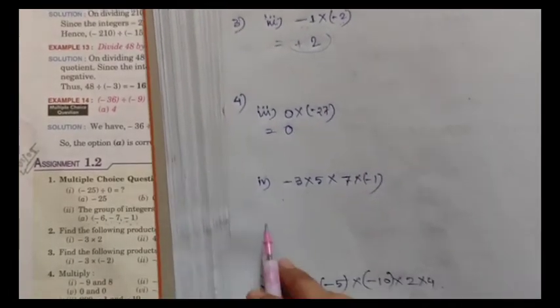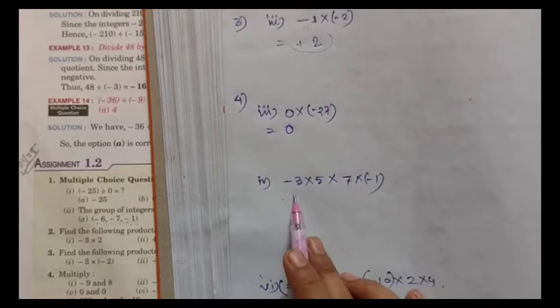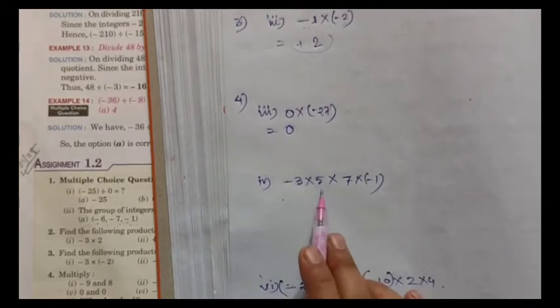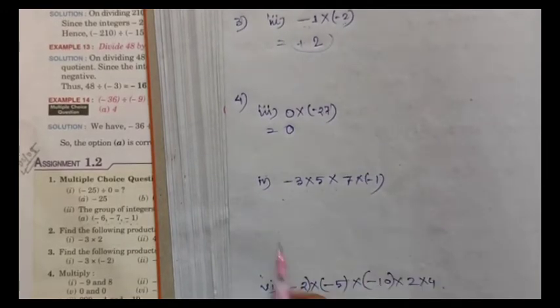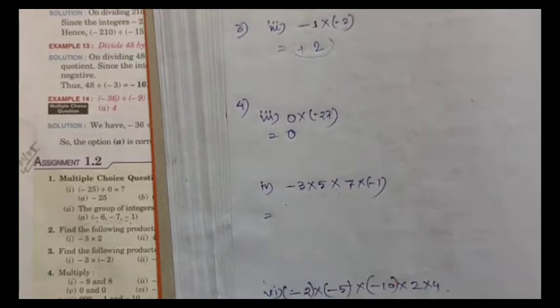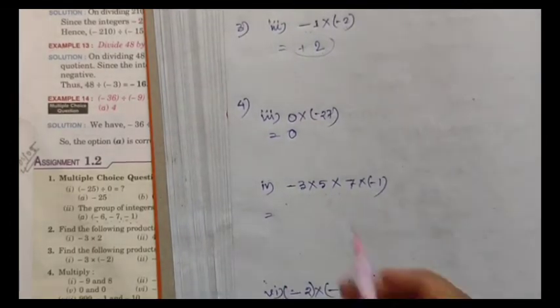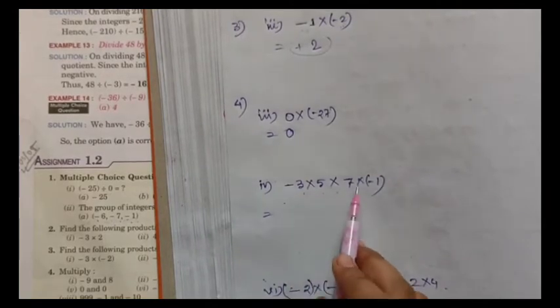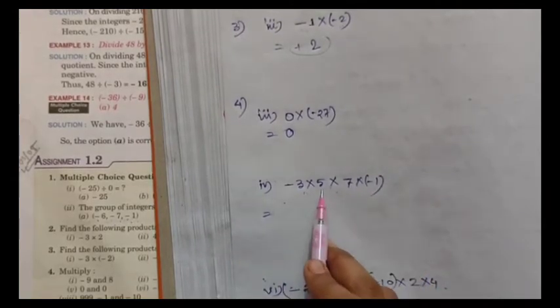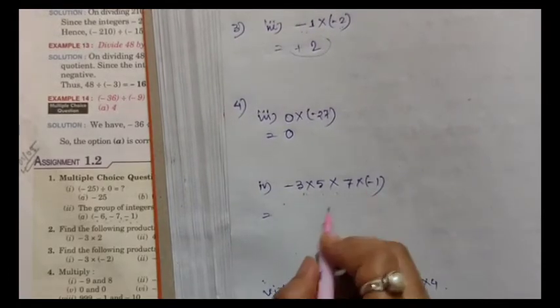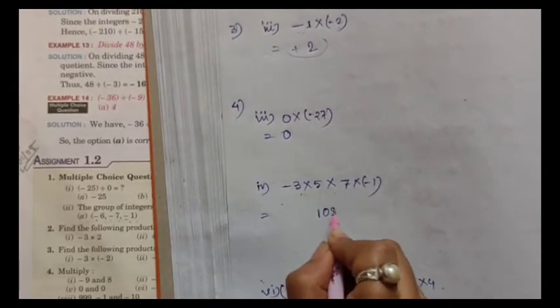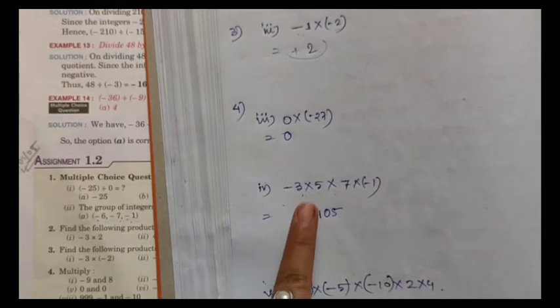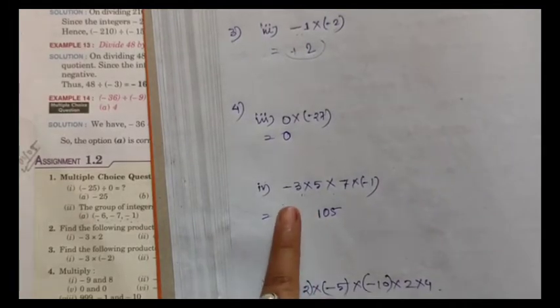Next question, question number 4 4. Minus 3, 5, 7, minus 1. At first we need to multiply the absolute values of the integers. The absolute values are 3, 5, 7, 1. 3 5s are 15, 15 7s are 105. And which sign will be here?